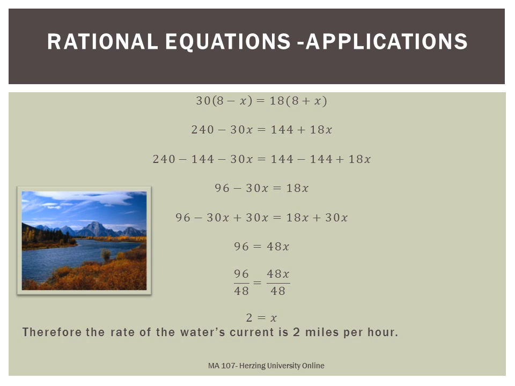Next, add 30x to both sides, and we get 96 equals 48x. Dividing both sides by 48, x equals 2. Therefore, the rate of the water's current is 2 miles per hour. This concludes the presentation on solving rational equations.